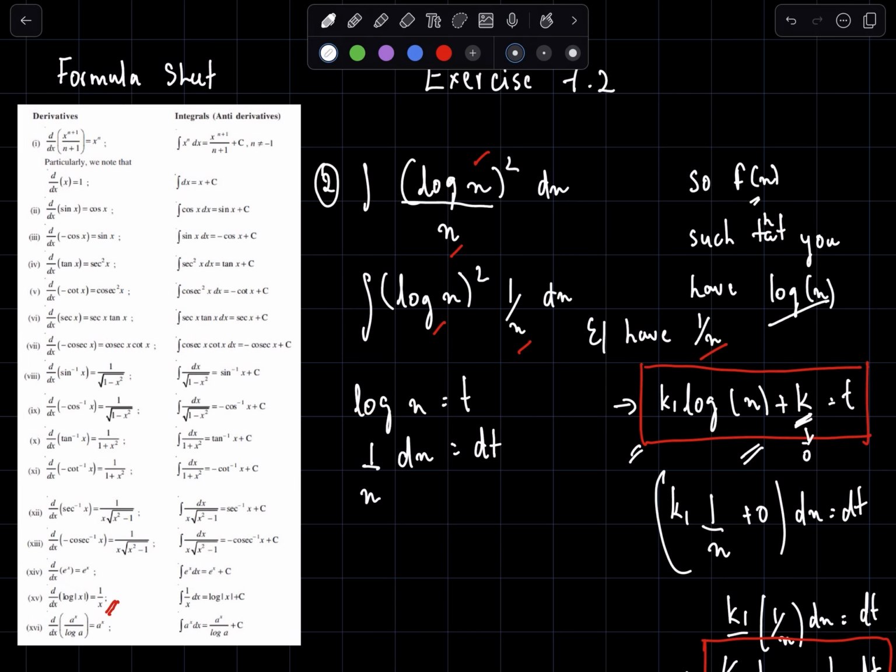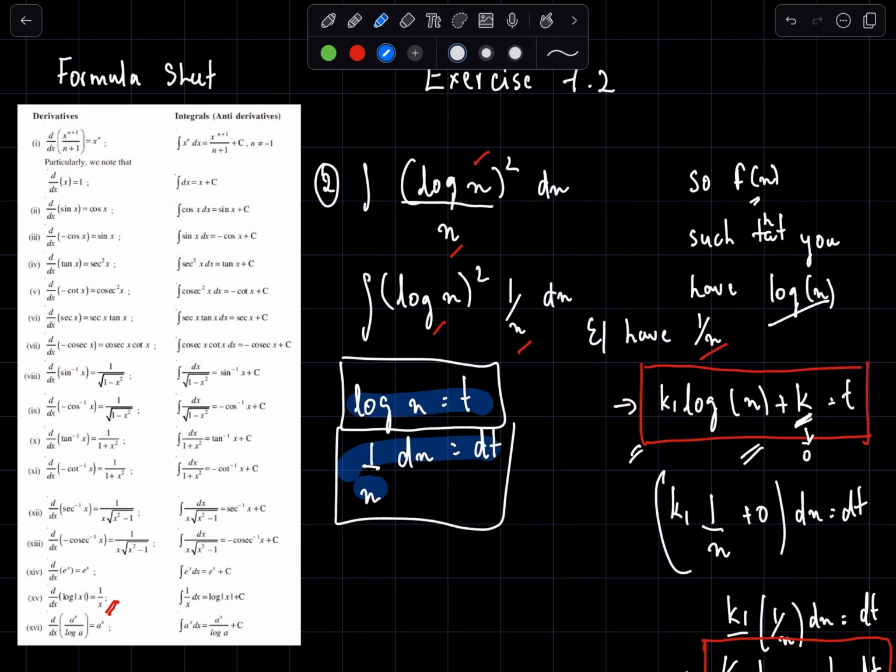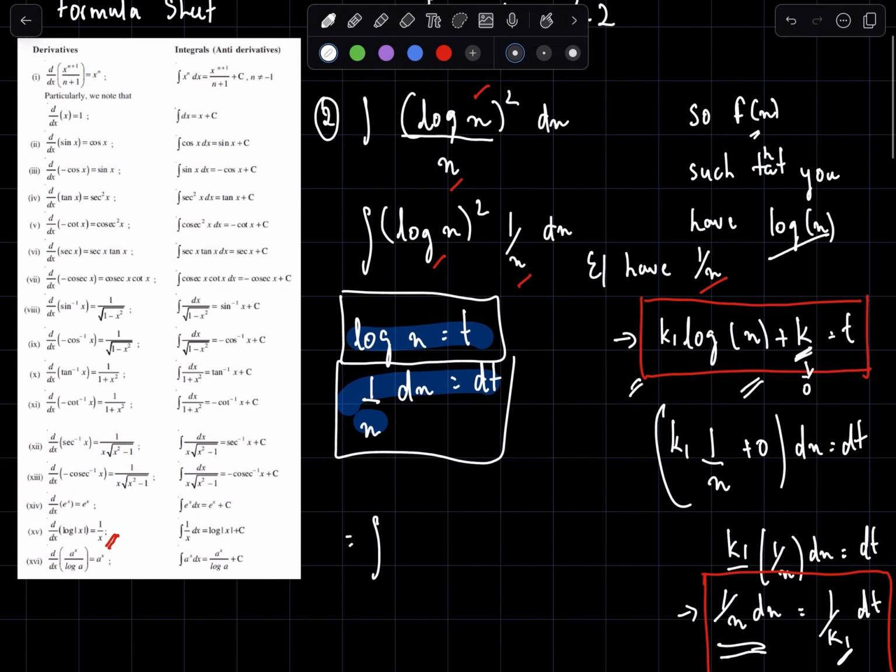So substitute these values. You've got your two substitution values. So let's do it. The integral of log of x the whole square becomes t square, and 1 by x dx becomes dt.